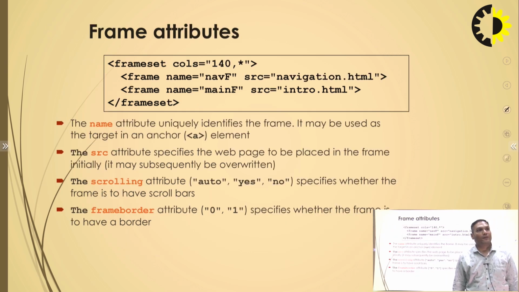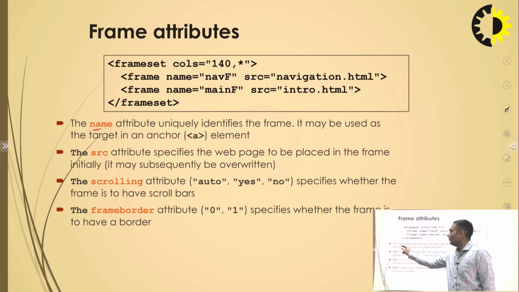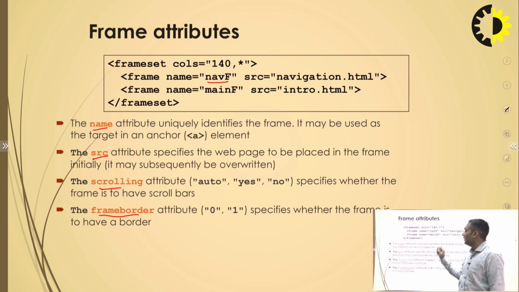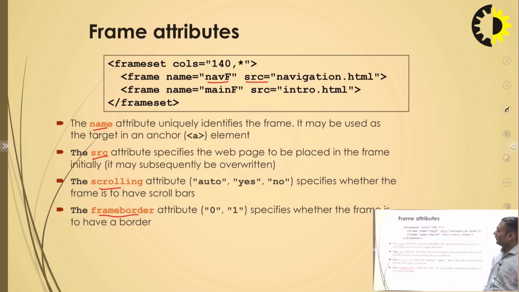Now the frame attributes. As I told you, there are name, src, scrolling and frameborder. These are the attributes that we can use with the frame tag. The name is the name of the frame, and src is the source file that we want to display.